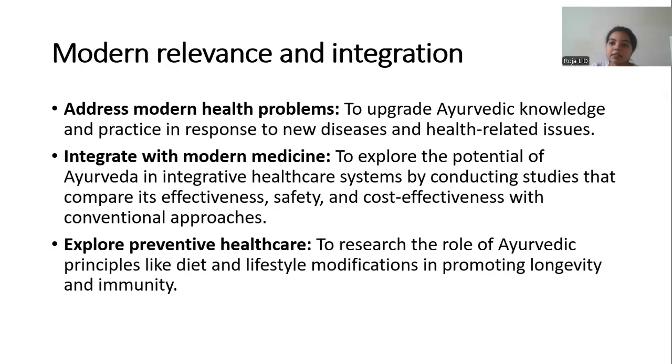So this is regarding the objectives of the research work. If you can't explain it in detail, at least modern relevance and integration you need to write. In front of that one, address modern health problems and integrate with modern science, explore preventive healthcare. Like that, these points can be mentioned in your exams. But one thing is, whatever you go to study, you should have particular knowledge on that.